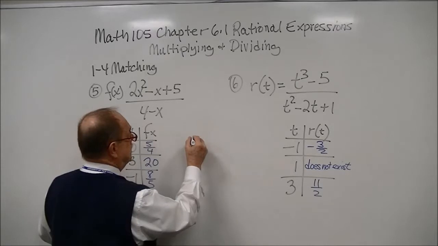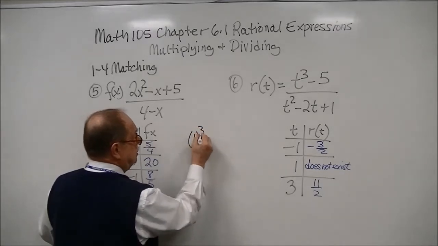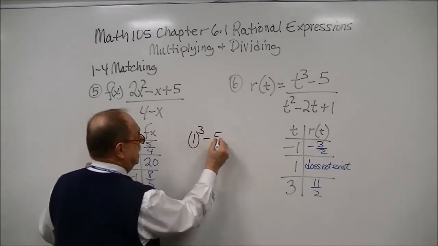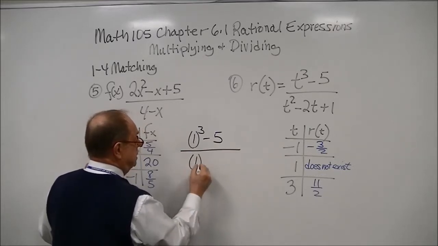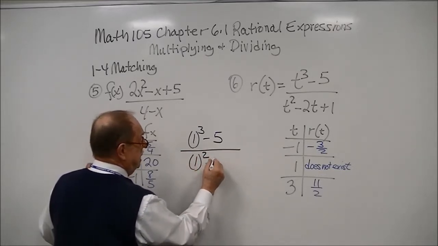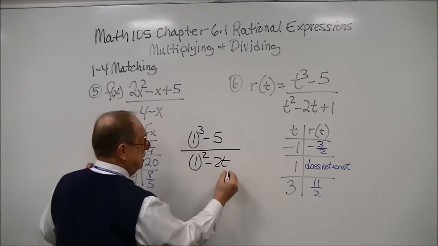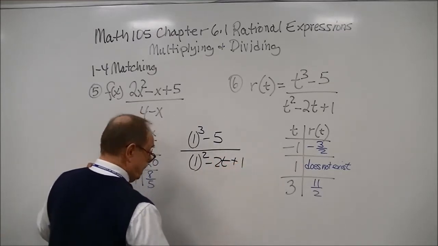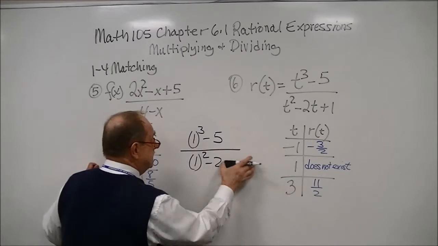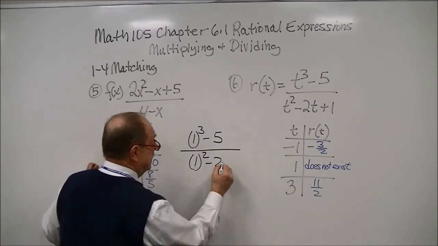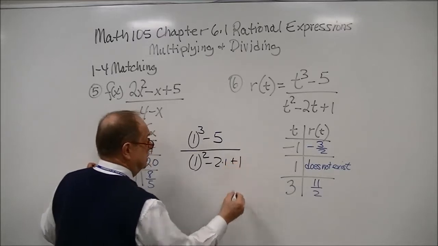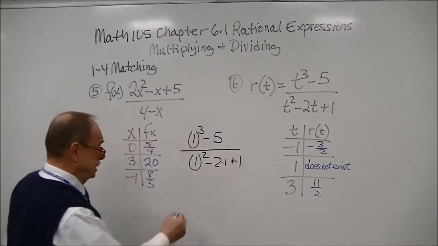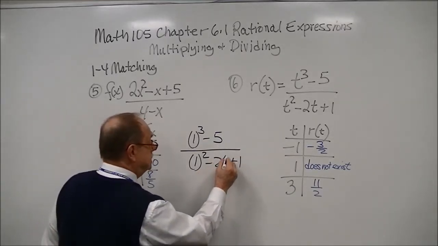So it'll be 1 cubed minus 5, and then 1 squared minus 2t plus 1. I've got to put the t there, though, is 1. Now I could probably put that in parentheses. There we go.